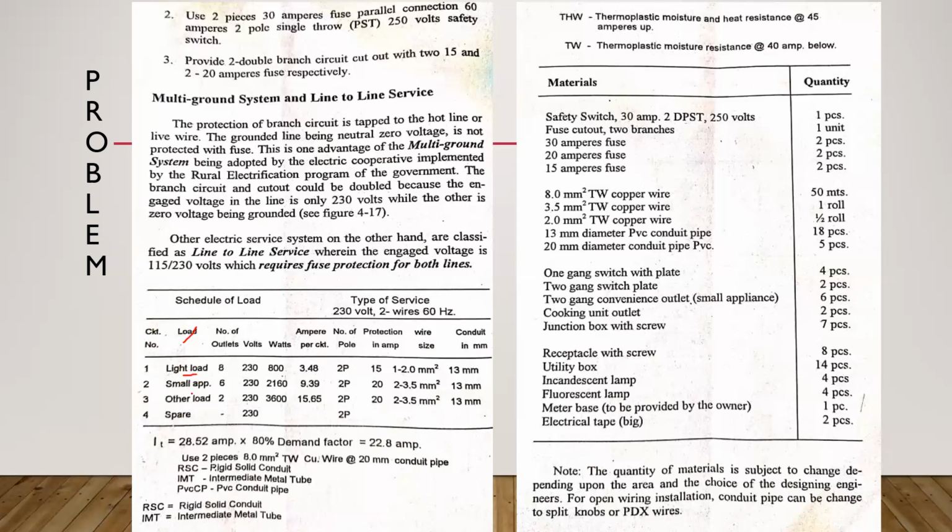So light loads, number 1. Small loads, power line layout sa circuit number 2. And then same as circuit number 3, pero other loads na ang kanyang destination. So 4 is spare. So number of outlets, 7.8, the light load, small appliance, 6 convenience outlet, 2 gang.